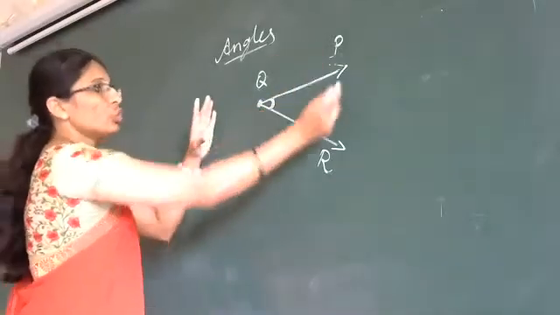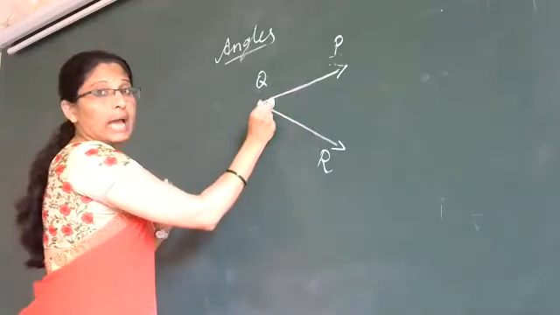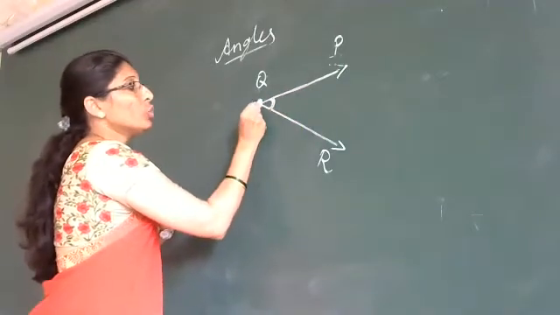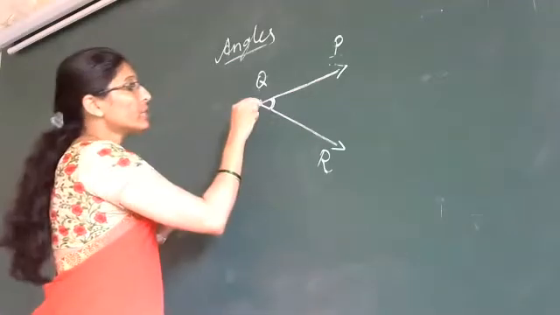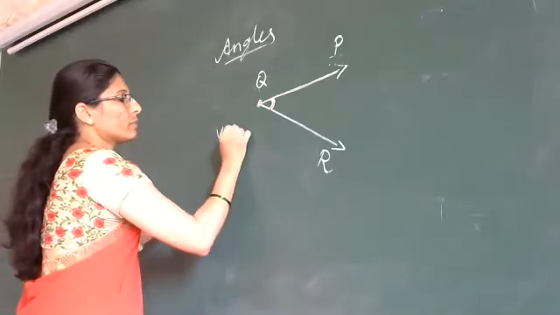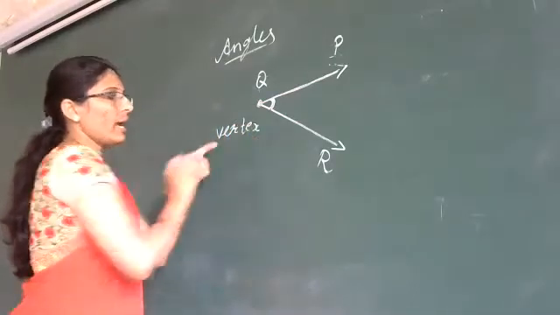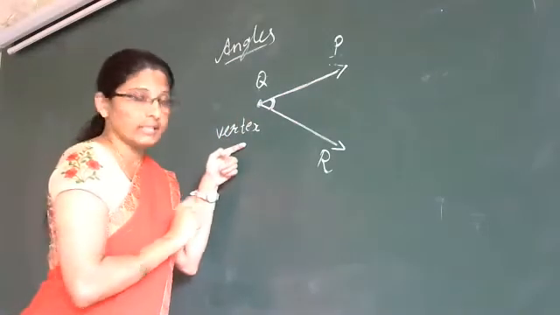Now when we join these two rays, we form a corner. That is the angle. Here we can see they meet at a point. This point is known as the vertex.